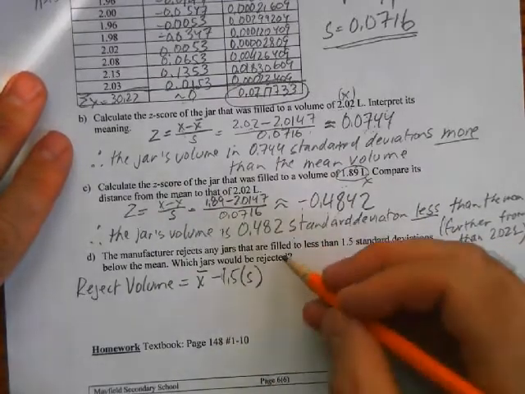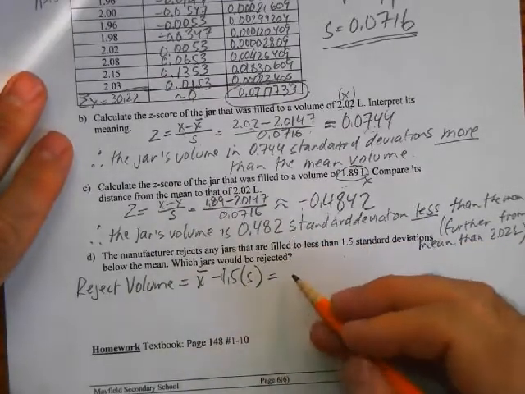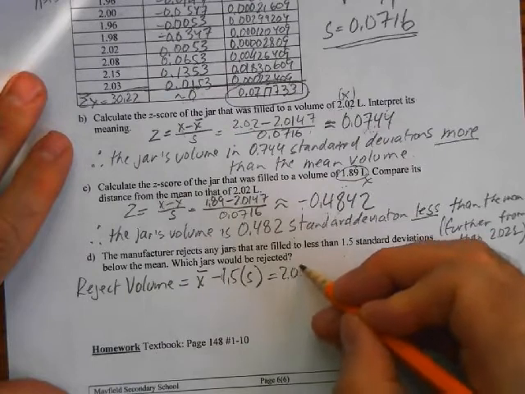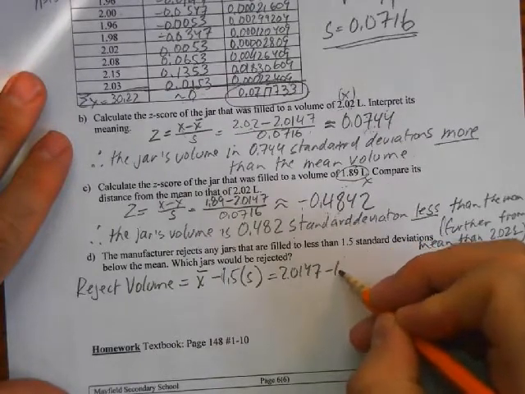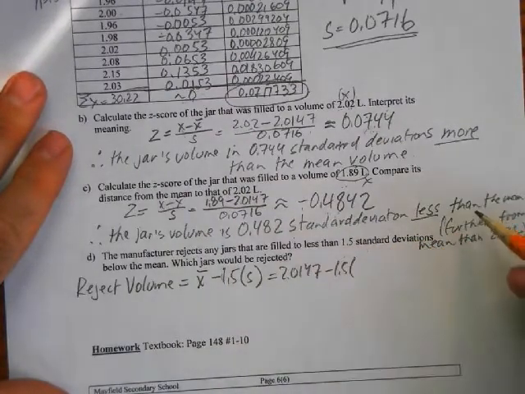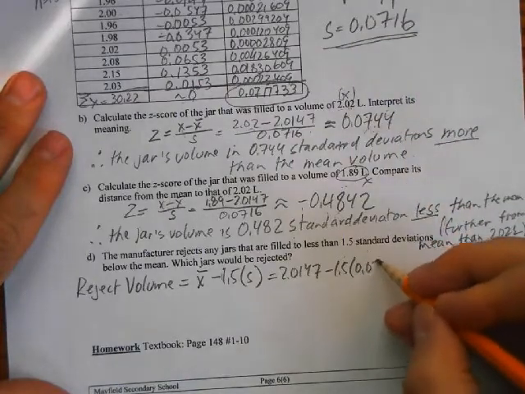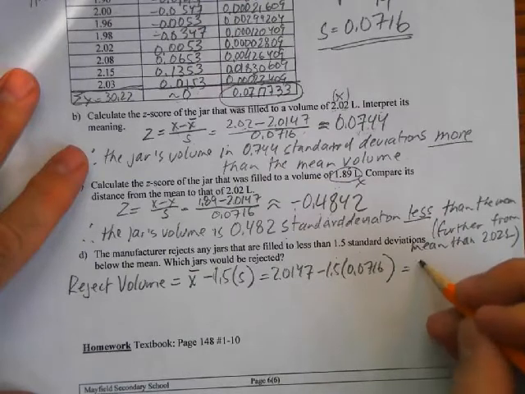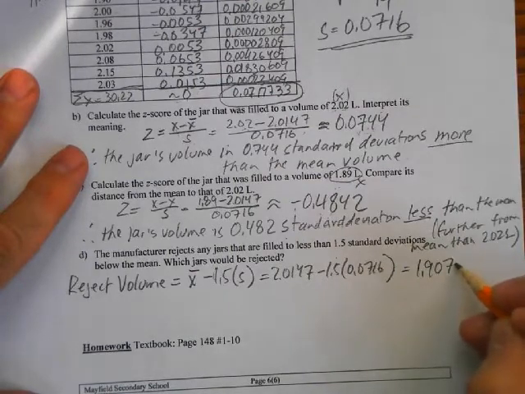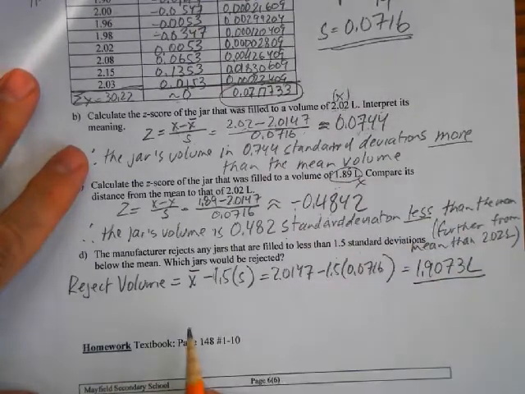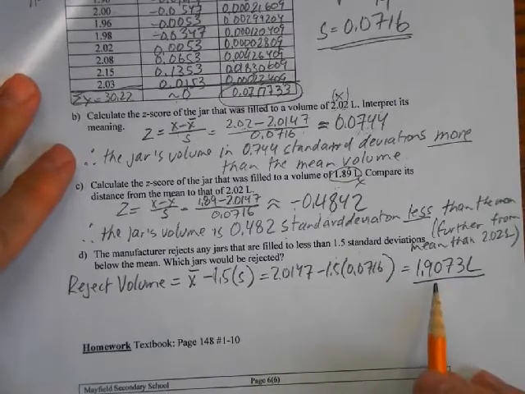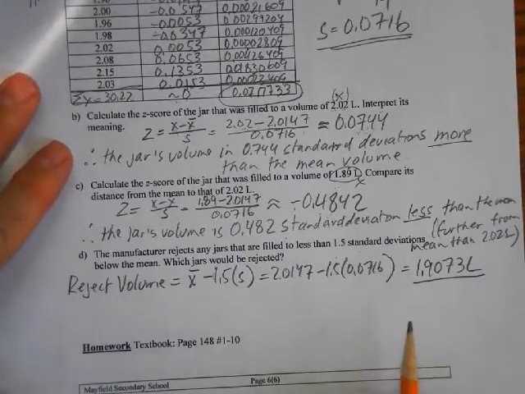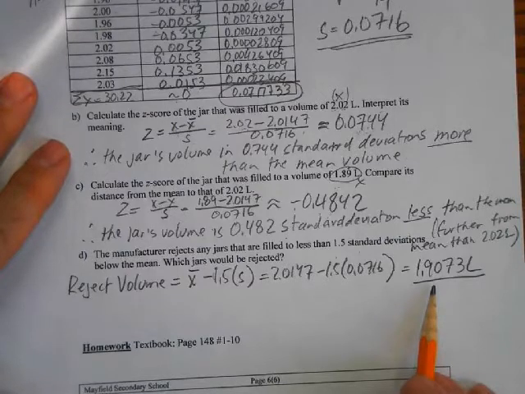So now let's plug in the numbers. x bar, that was 2.0147 minus 1.5 of s, 0.0716. That's equal to 1.9073 liters. So that's the cutoff. So basically the company's saying anything with less volume than this number is going to be rejected.